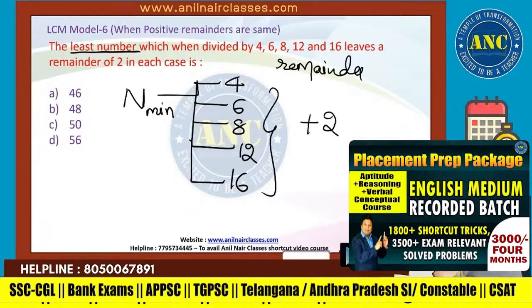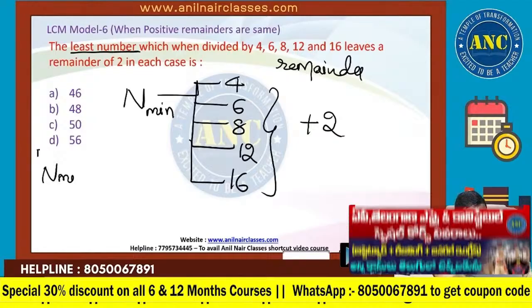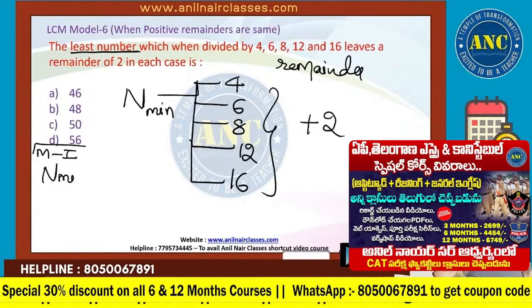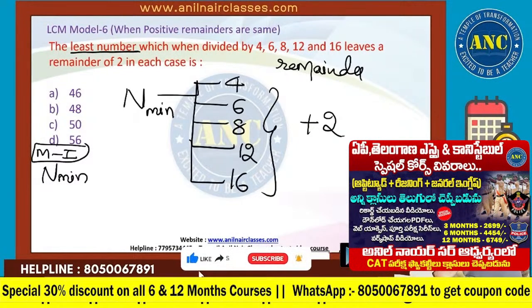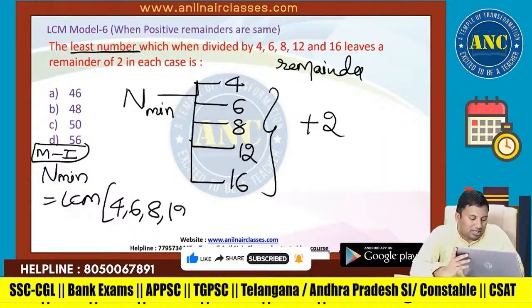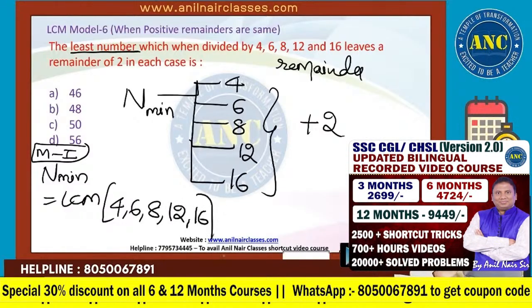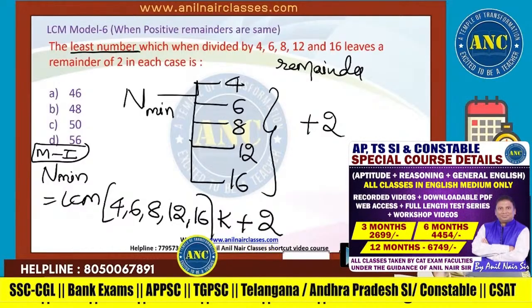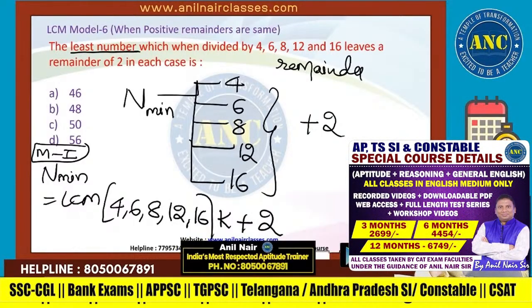What is the number? That is method 1. The number divisible by all the given numbers is the LCM of the given numbers, so the number is LCM of 4, 6, 8, 12, 16 into quotient plus a remainder. Am I right? So you will find that value.